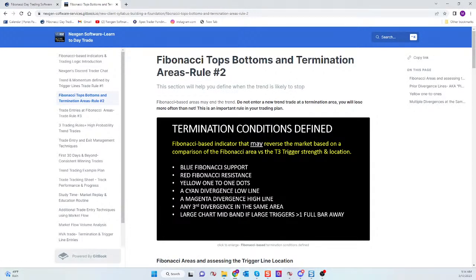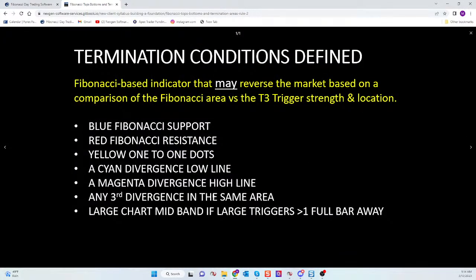What's a termination condition, guys? Well, this is where John Novak's new page really kind of gave me an aha moment. Termination condition is a Fibonacci-based indicator that may reverse the market, but it's based on a comparison of those trigger lines in the area. So once again, we're just reading trigger lines as they approach an area, whether it is support, resistance, one-to-ones.